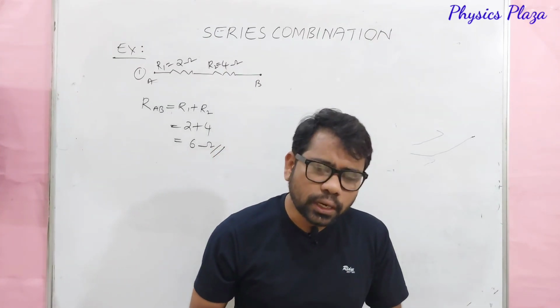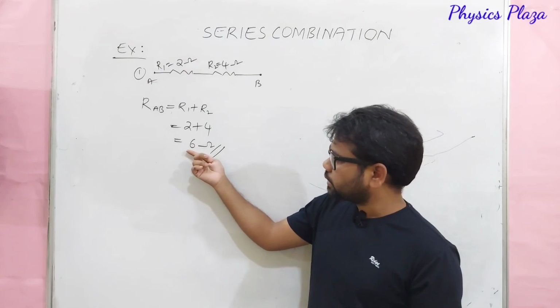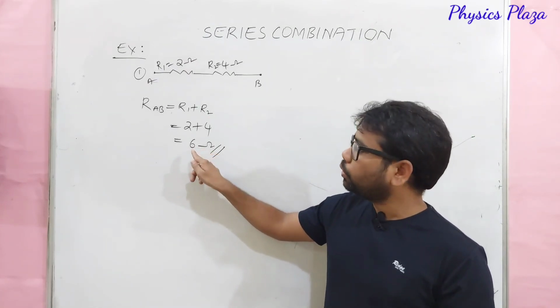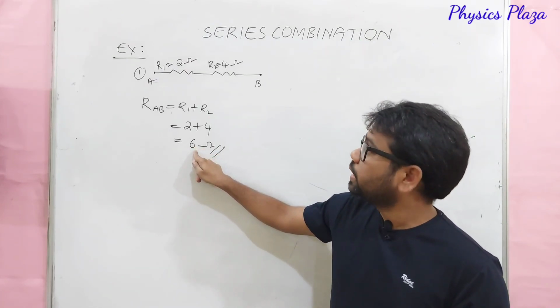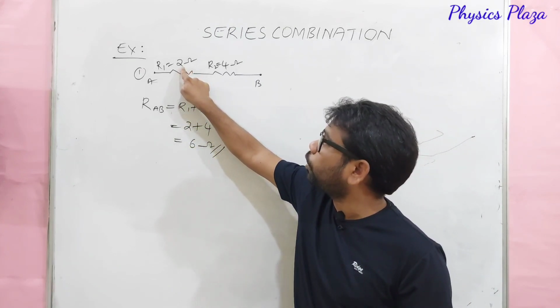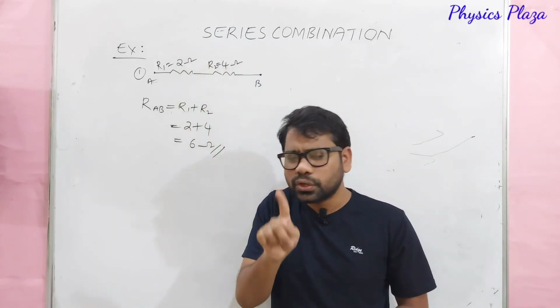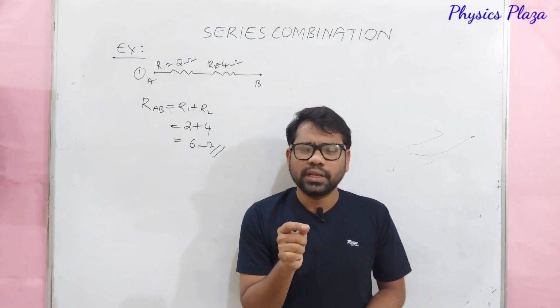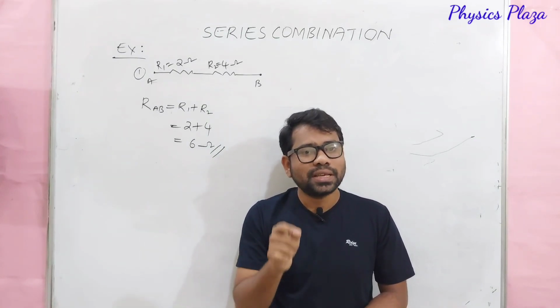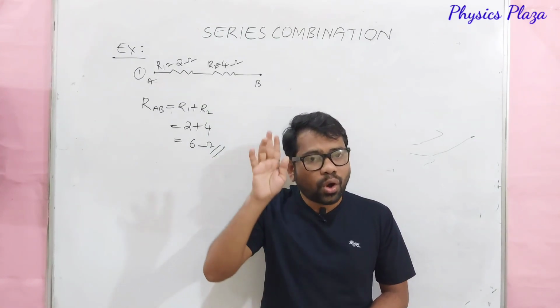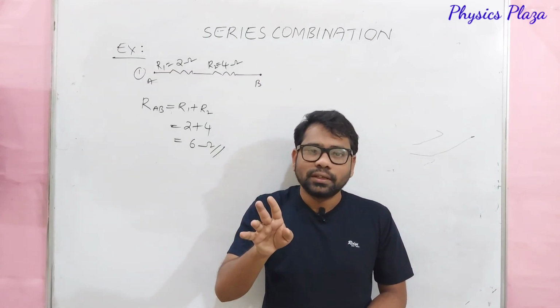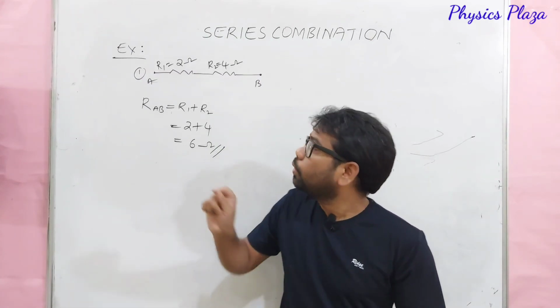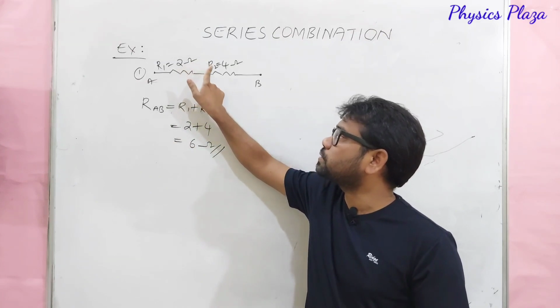Observe this resultant resistance, 6 ohm. Don't you think that it is greater than the resistance of all the resistors? Of course. So dear children, the very important thing is that the effective resistance in a series combination is always greater than that of the resistor whose value is maximum in the series combination.